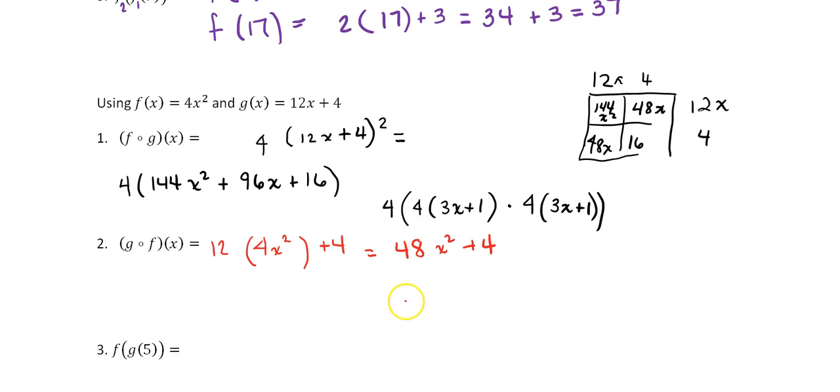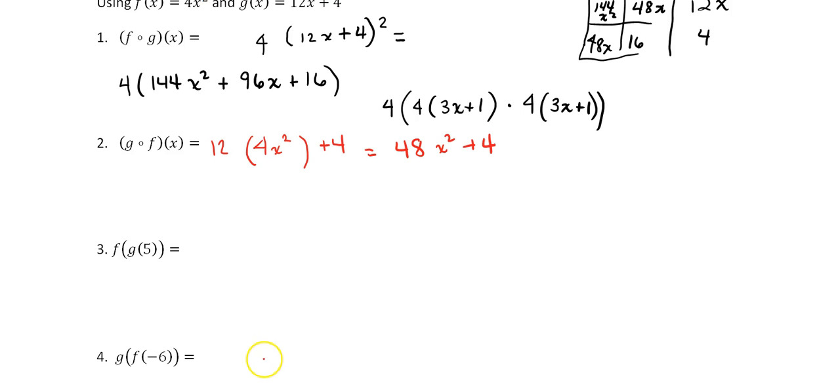Here I'm going to actually plug in a value. Alright, so it's not quite so abstract. These have been pretty abstract at this point. So here I'm going to plug in for my g of 5: 12 times 5 plus 4. So that's going to give me a 64.